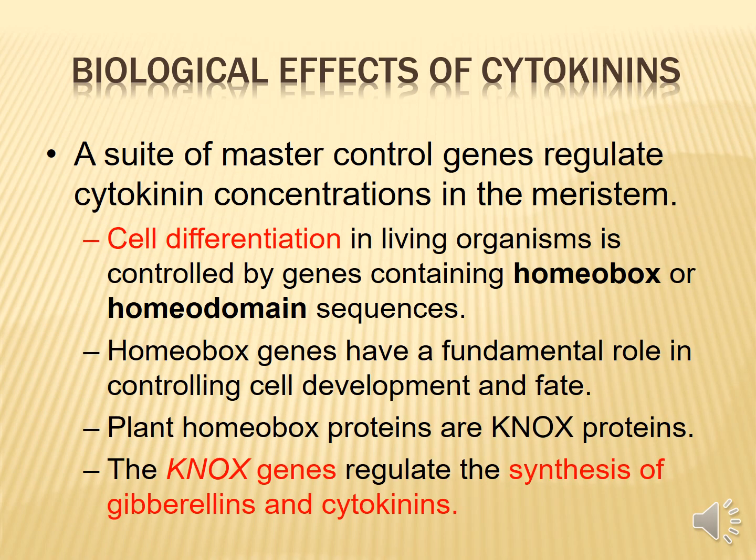Alright, now we look at the second gene involved in maintaining the shoot meristem under cytokinin, which we call the KNOX gene. It regulates the synthesis of gibberellin and cytokinin.